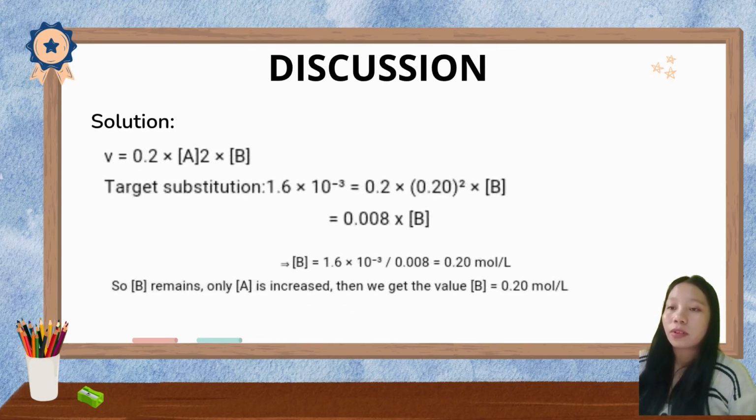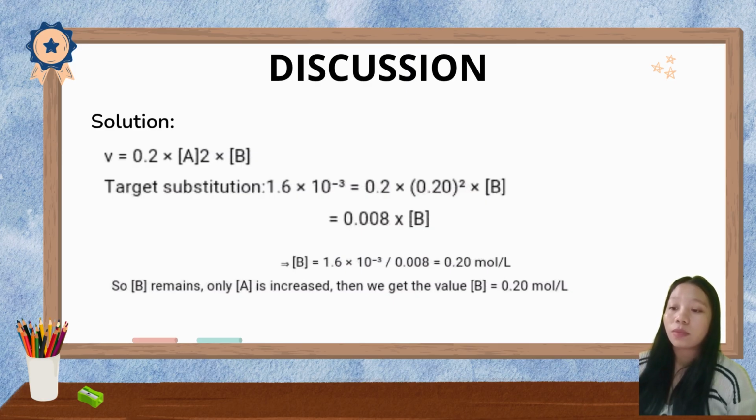Solution: V equals 0.2 times concentration A squared times concentration B. Substituting the target: 1.6 times 10 raised to minus 3 equals 0.2 times 0.20 squared times concentration B, which equals 0.008 times concentration B. So concentration B equals 1.6 times 10 raised to minus 3 per 0.008, which equals 0.20 mole per liter.